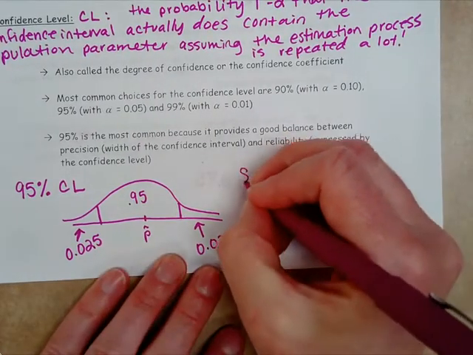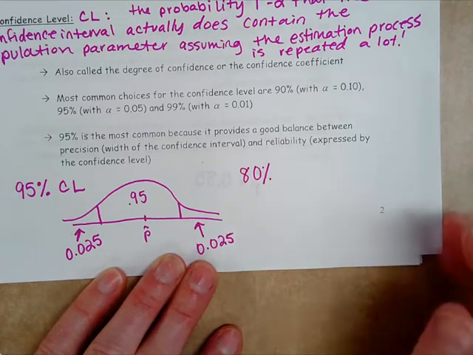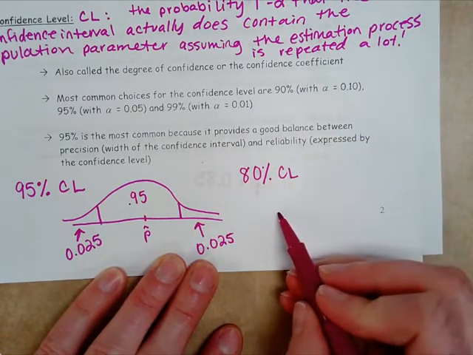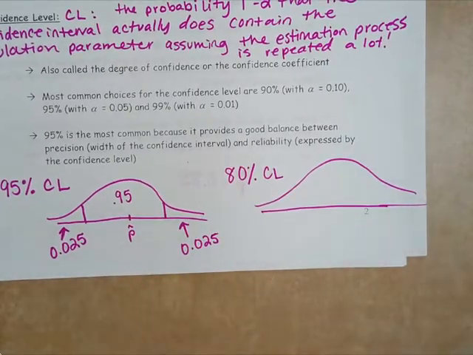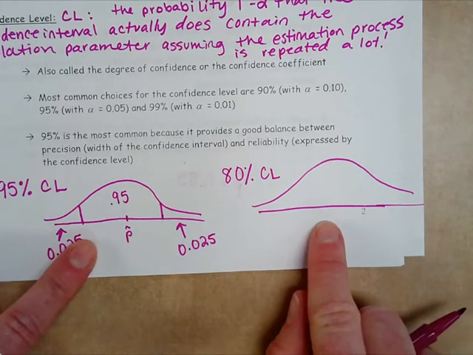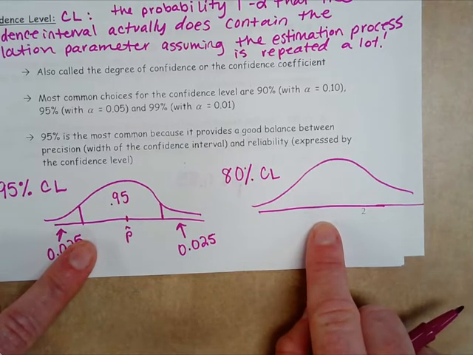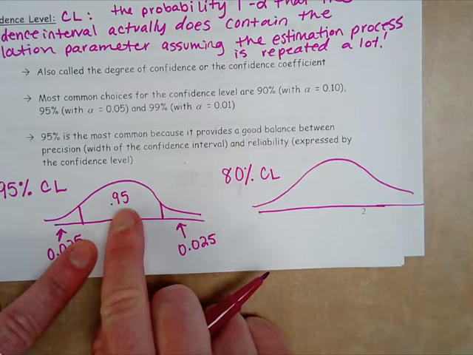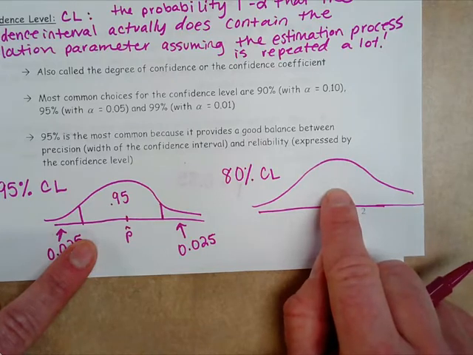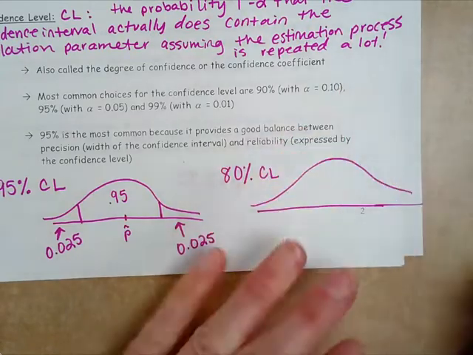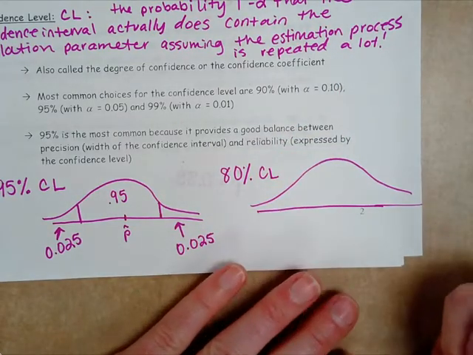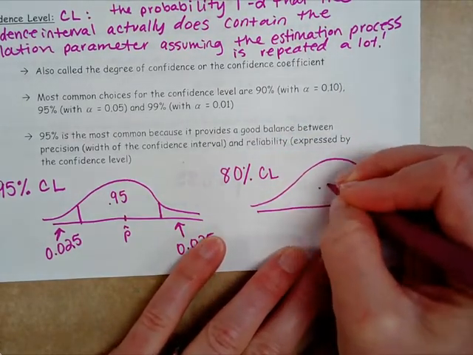So let's think about an 80% confidence level. Let's think about how these are going to be the same, but then how they're going to be different. If this area is 0.95, I'd want to make this one 0.80. Is that going to be wider or narrower? If the area is smaller, yeah, it's going to be more narrow.